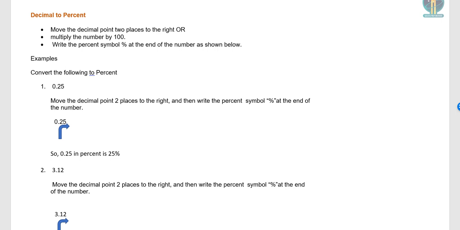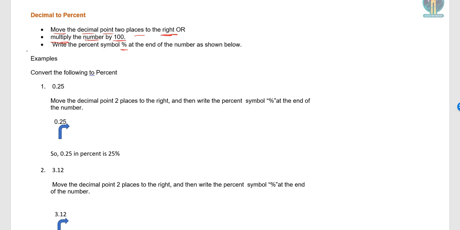So here we're just taking that last section of that whole sequence, namely going from a decimal to a percent directly. So the way to do that is, again, we've done this multiple times up to this point. Move the decimal point 2 places to the right. So when trying to go to a percent, you move the decimal point to the right, or multiply the number by 100. So you take the decimal, multiply it by 100, and add the percent symbol at the end of the number.